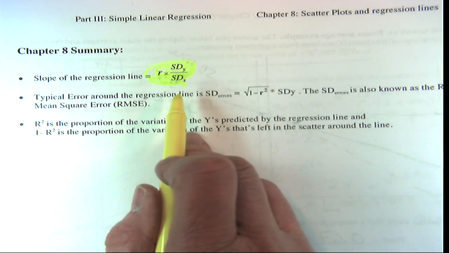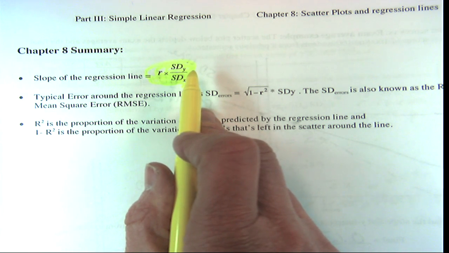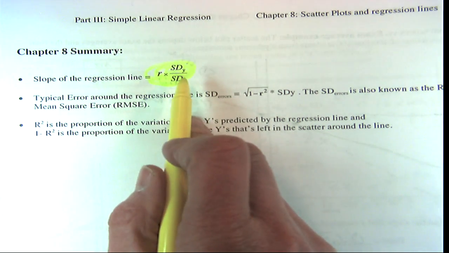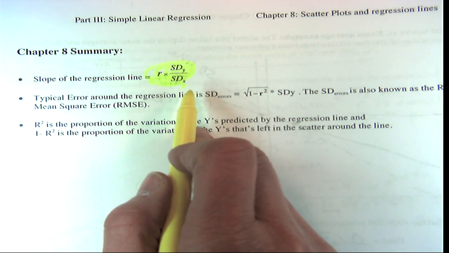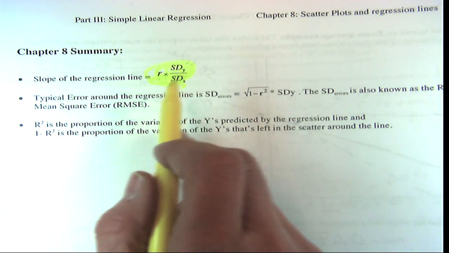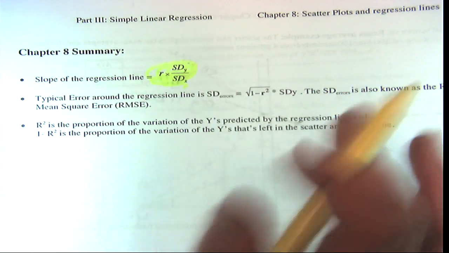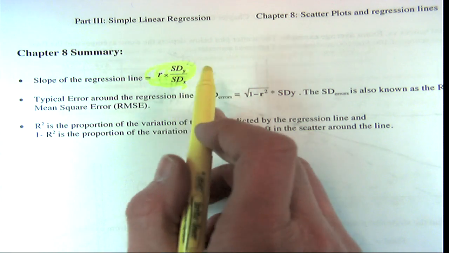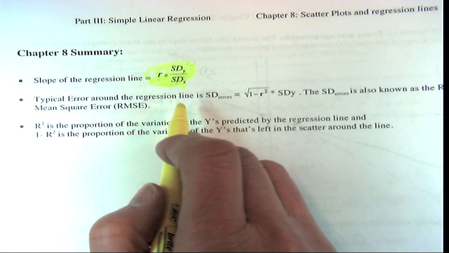Those of you who are worried about whether the standard deviation is the sample or the population, you don't have to worry here, because it's the ratio of them. If you divide by n minus 1 or n in the denominator, it will cancel out. It's just pure units, so it doesn't make any difference. Just those of you who worry about that, okay?